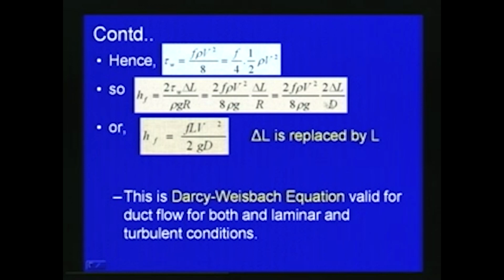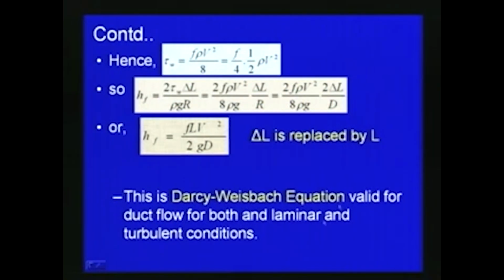So finally we get hf is equal to f L v square by 2 g d. Here delta L is replaced by the length which we consider.